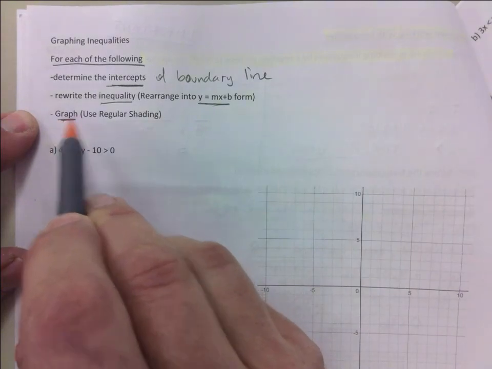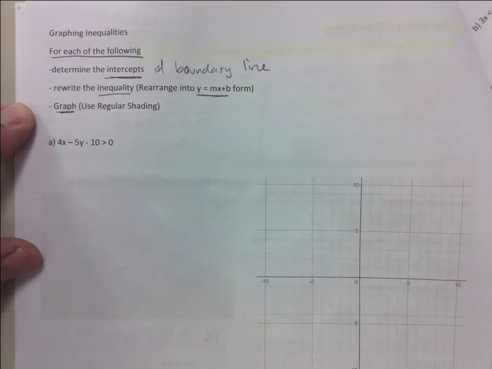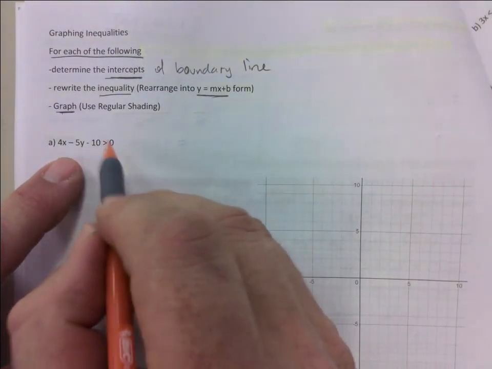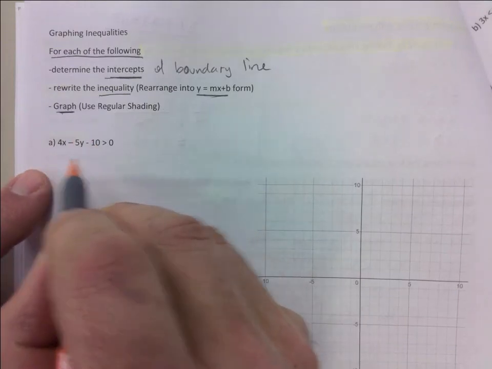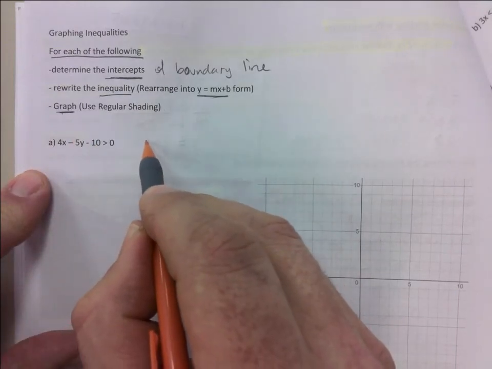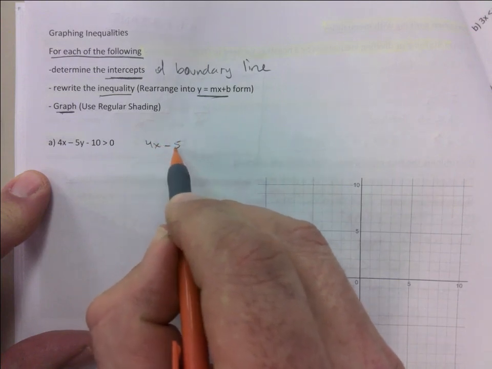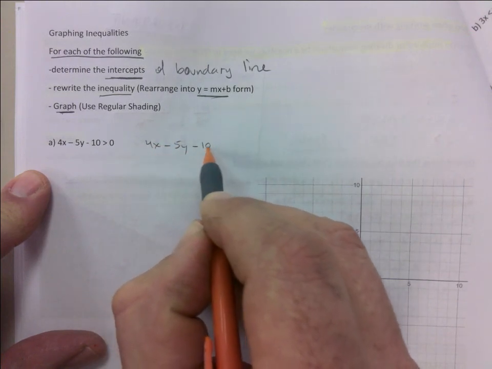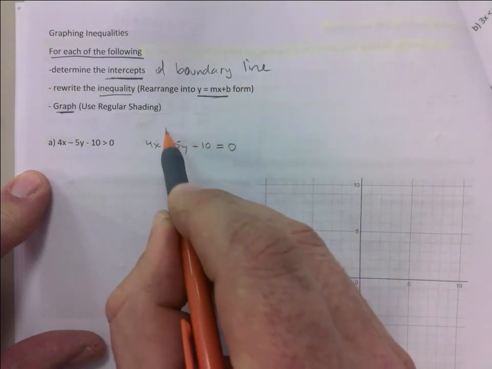And then we'll graph using regular shading. Okay? What is the boundary line of this one? 4x minus 5y minus 10 is equal to 0. This is the boundary line.